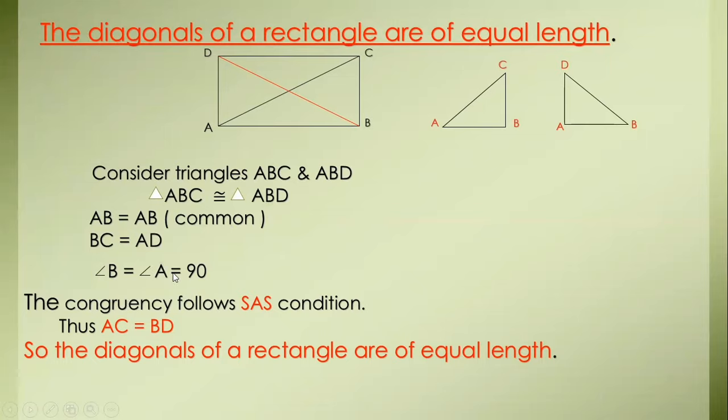So this congruency follows the SAS condition, side angle side. So the third side is also equal. The third sides are AC is equal to BD. So the diagonals of a rectangle are of equal length.